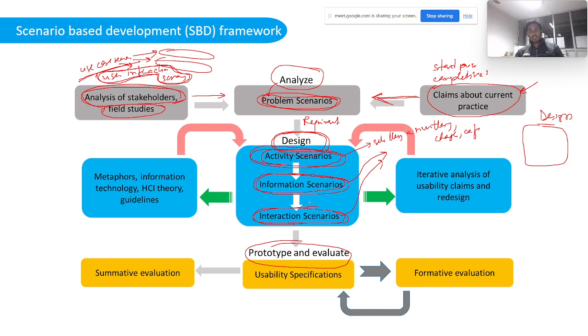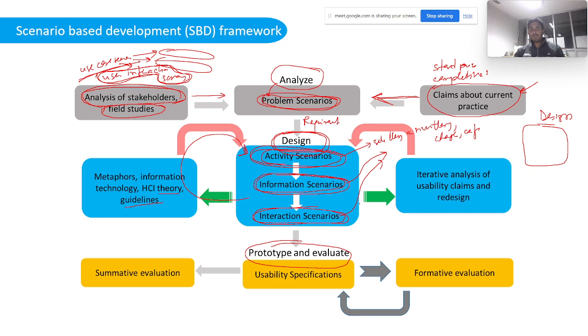And this will be an iterative process from two perspectives. One is by considering previous guidelines, historical scientific theory on information technology, or human computer interaction theories or heuristics, to improve your design.